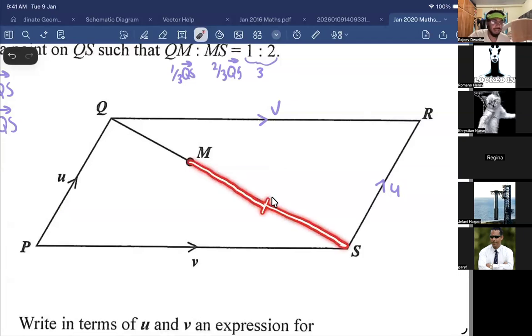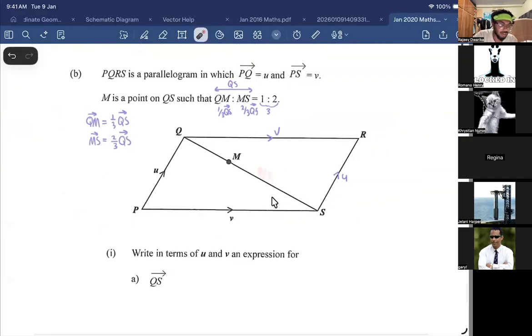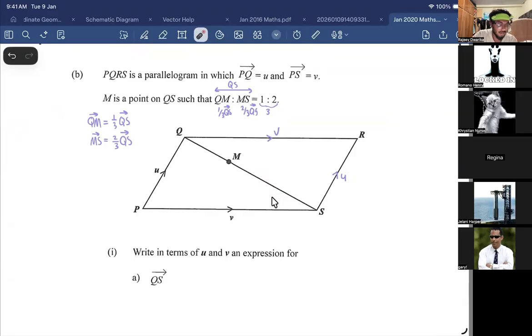QM is half of MS. So altogether, how many parts do you have? 3. And out of those 3 parts, QM is 1/3, and MS is 2/3. You fully understand it, right? Yes, sir.